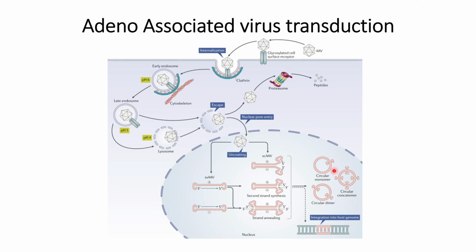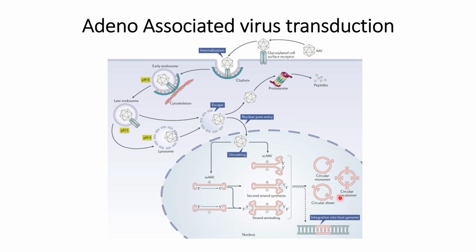While going for transcription and translation, it can go in different forms. First, it can form a single circular monomer where only a single strand of the DNA is attached, or it can form a circular dimer where the genetic information is attached at two parts of the circular DNA, or it can be the circular concatemer where the genetic information or gene of interest is attached at multiple sites.